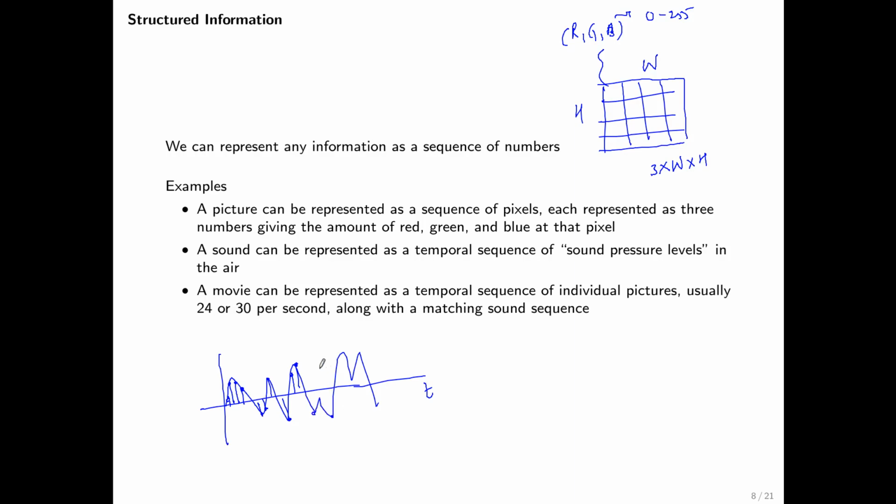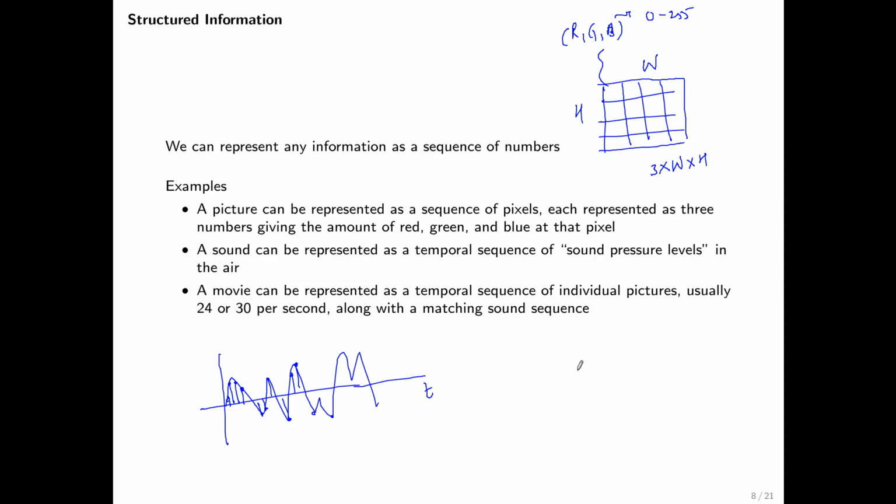Okay, so what we're saying is that this sound signal can be represented as a sequence of these numbers which represent the sound pressure levels. All right, so sound is nothing but a sequence of numbers as far as the computer is concerned.